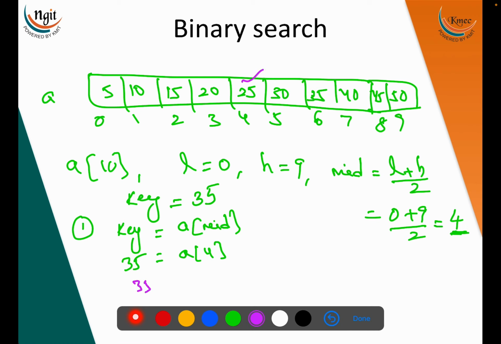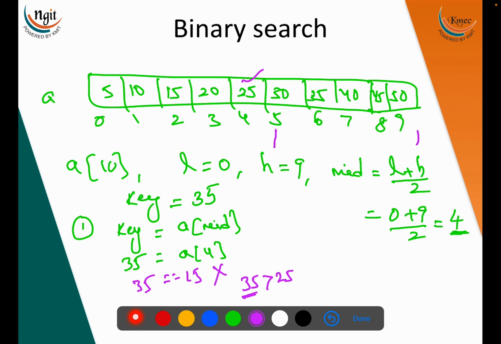So 35 double equal to 25 is not true. 35 is greater than 25, so your target element 35 will be for sure on the right hand side. That means your searching operation will be on this part of the list.